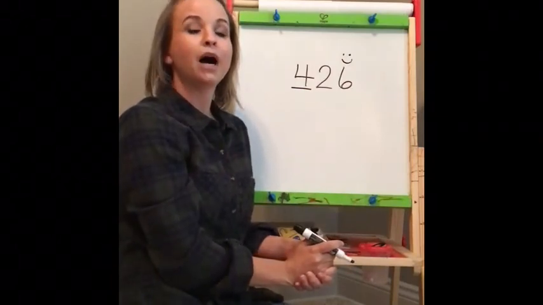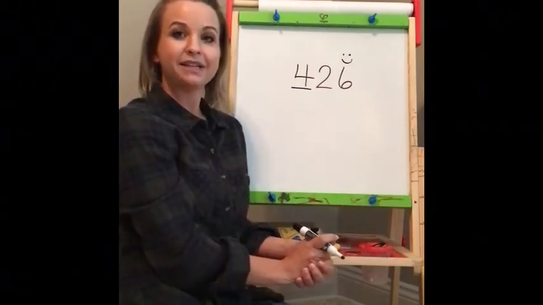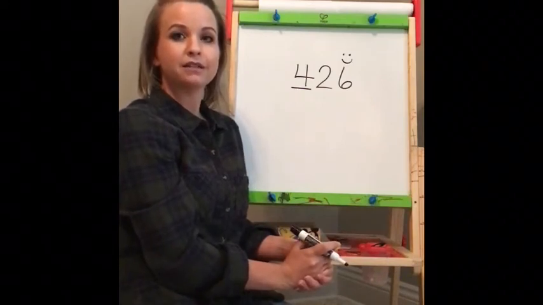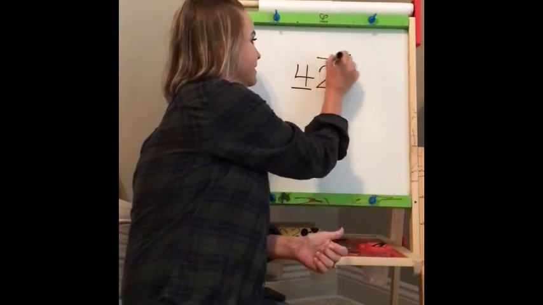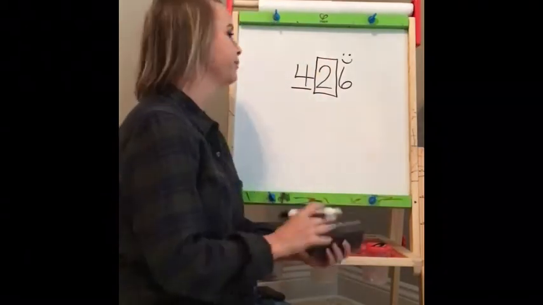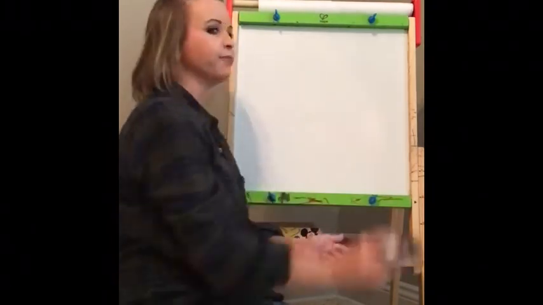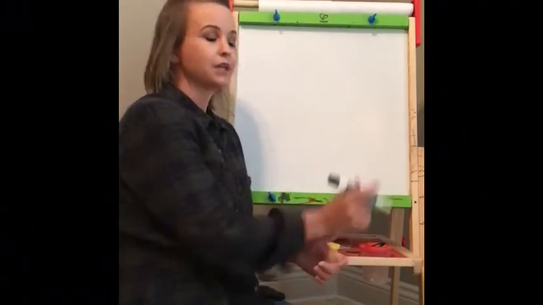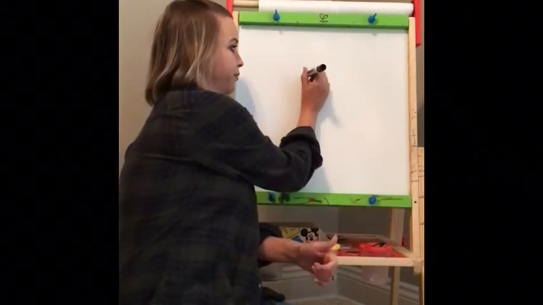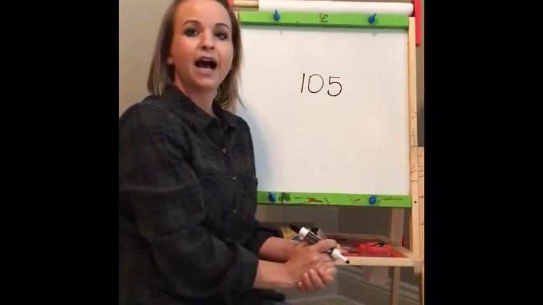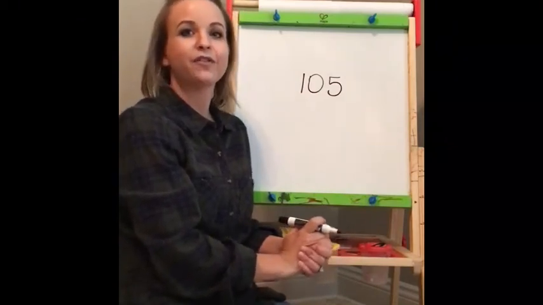Now I want you to box in the tens place. What number did you box in? The 2. Excellent. All right, let's do one more. Write the number 105. So what'd you write out? 105. Very good. I want you to put a smiley face over the tens place.